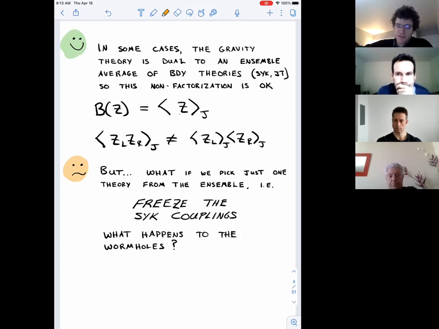Let's freeze those couplings, focus on one particular quantum system, one element of this ensemble. Then what happens to the wormholes? If the wormholes are describing the variance of this quantity in some ensemble, then when we freeze to one element of the ensemble, there's no variance anymore. Things should factorize exactly. What happens to the wormholes? Are they still there? Or are they not?